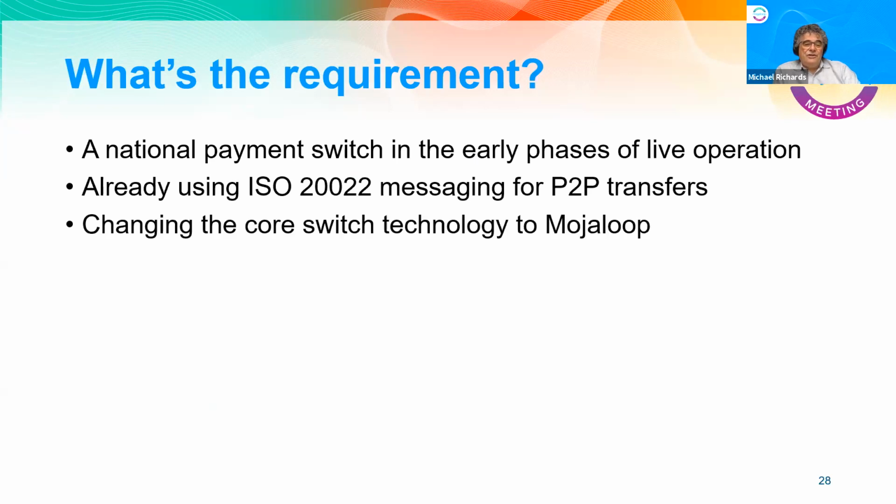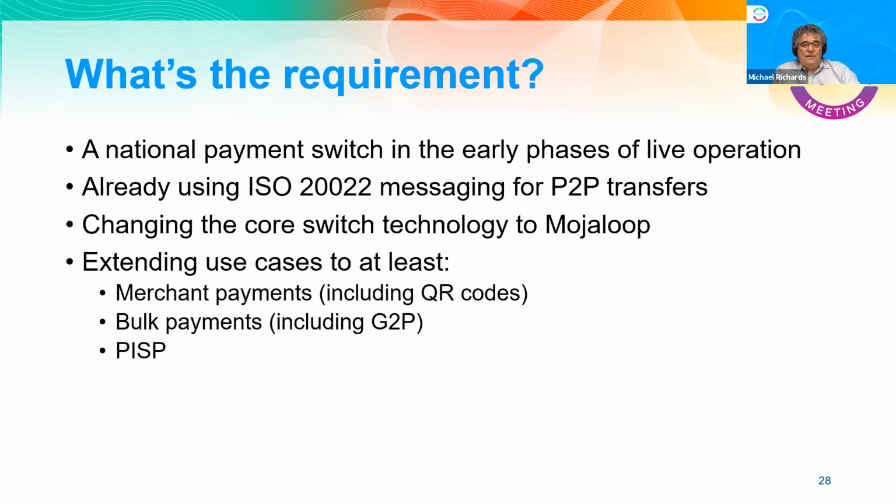And the intention is that we will change the core switch technology to Mojaloop. And that is at least partly so that we can extend the use cases to at least merchant payments, which will include QR codes. We'll be talking a bit about this later on this afternoon. Bulk payments, including government disbursements, and PISP. Particularly merchant payments and bulk payments, we will be expecting to do quite quickly.